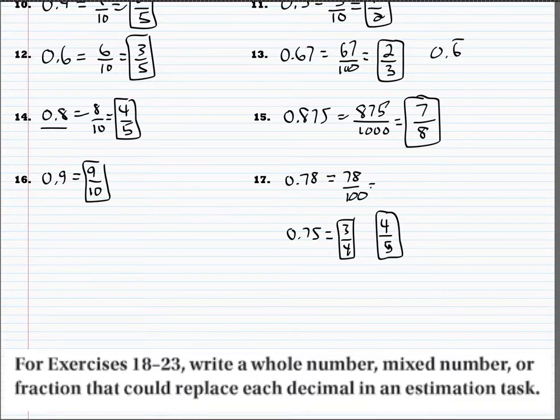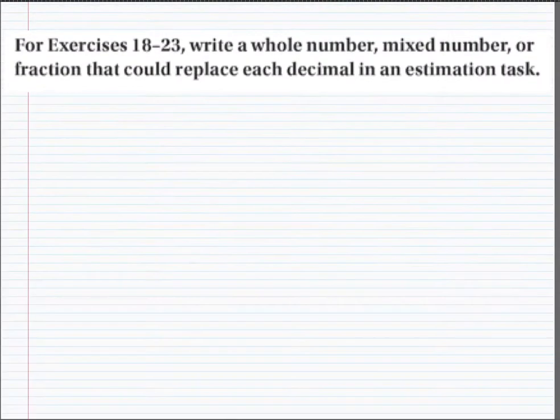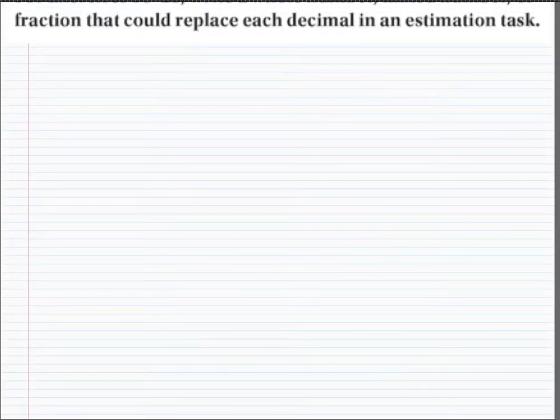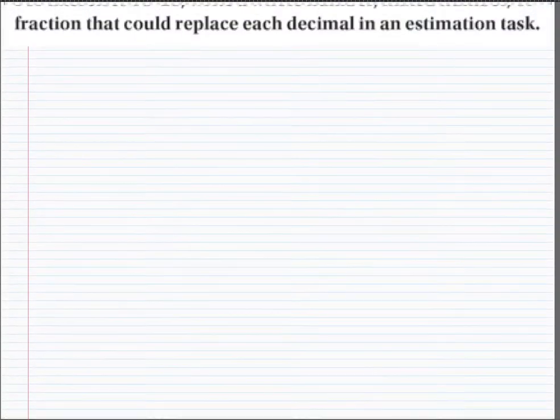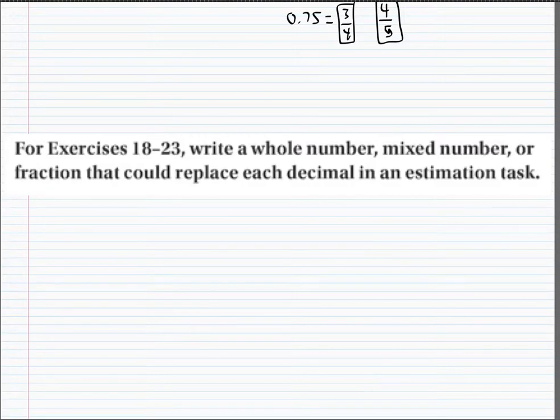All right, next section, last section, a few more problems to do. Didn't write the numbers for you, so the directions say, for exercises 18 to 23, write a whole number, mixed number, or a fraction that could replace each decimal in an estimation task. So for number 18, you are given 3.14.